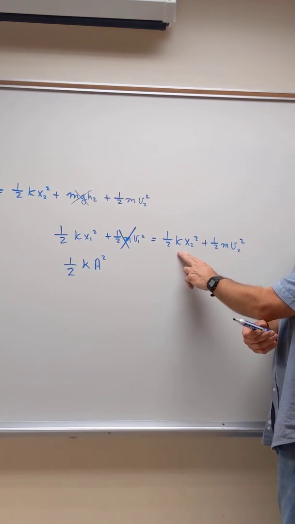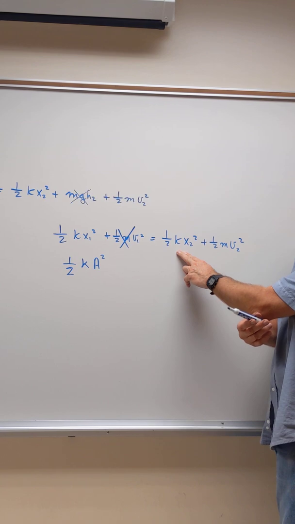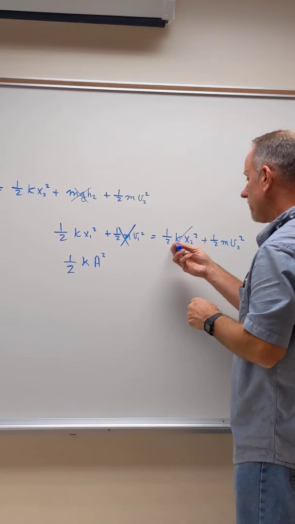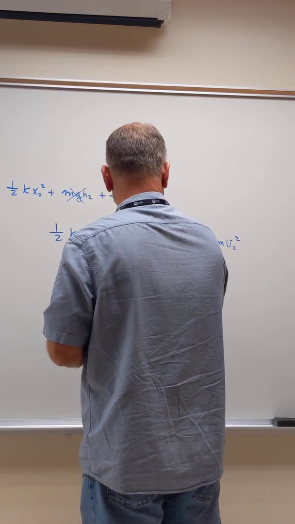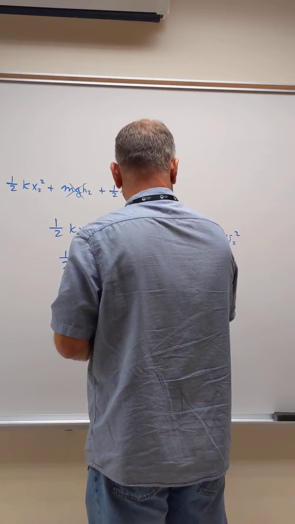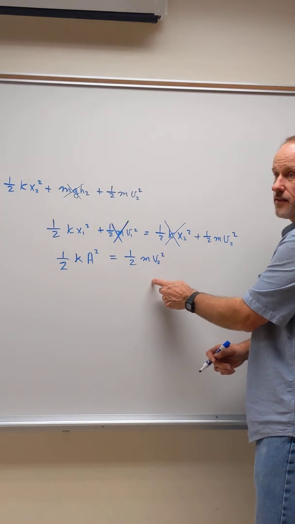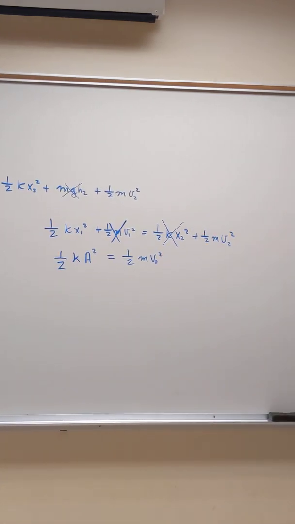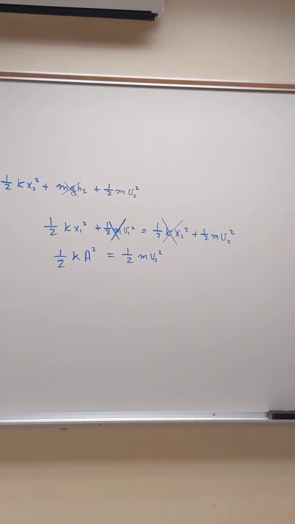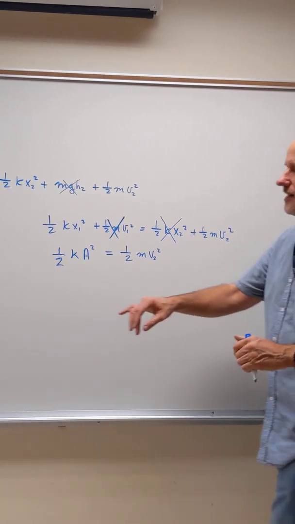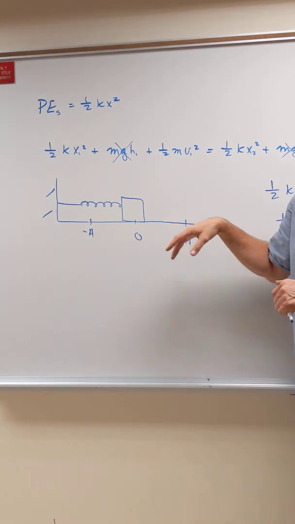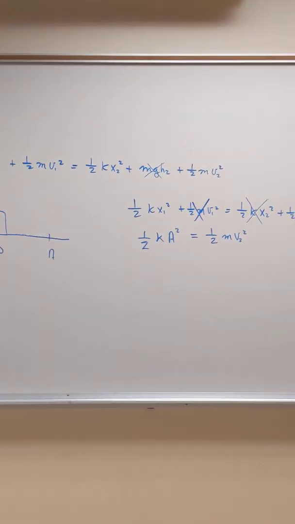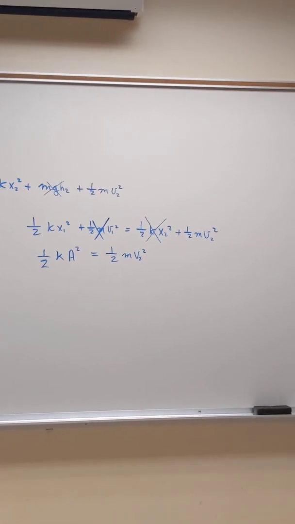None, because it's neither stretched nor compressed, correct? So I could calculate the speed of the mass as it passes through 0. Or I could calculate any position in between A and negative A if I knew additional information, like how much it's stretched or compressed. Does that make sense?